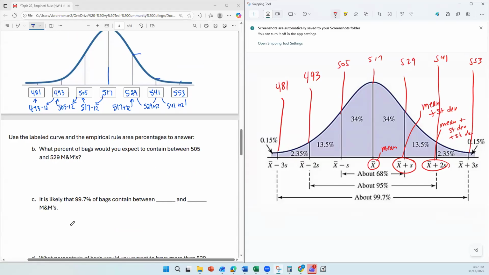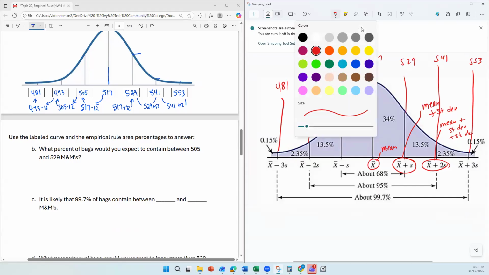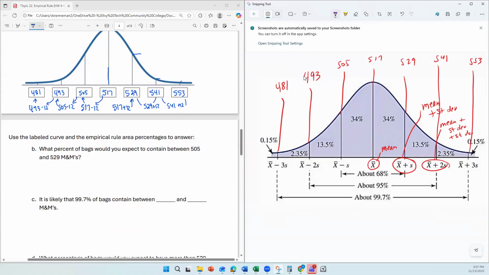So what percent would you expect to contain between 505 and 529? I find 505 and 529 here. Those are defining this middle group here. That's the 68%.